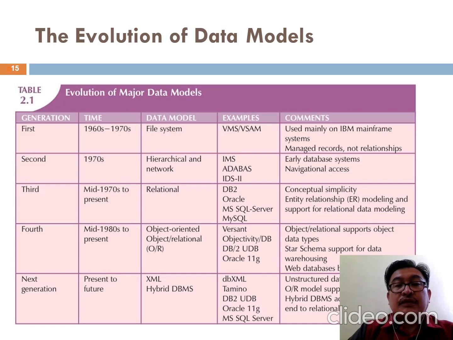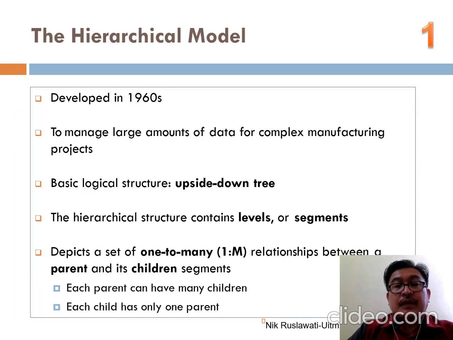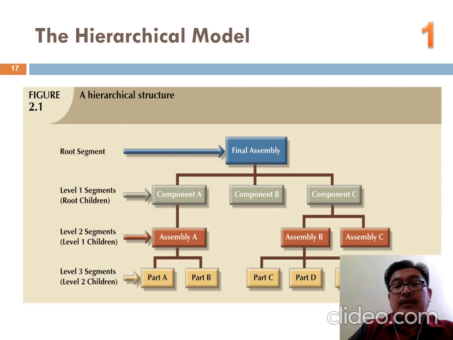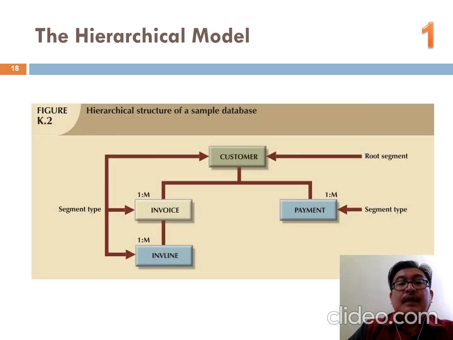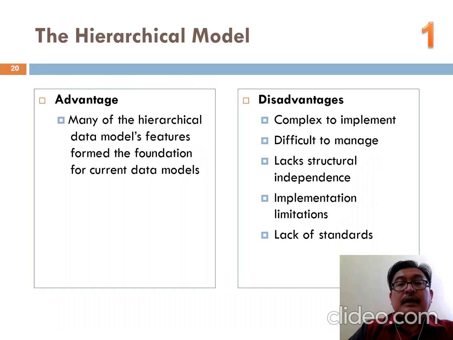Okay, evolution of data models. I will not spend too much time here. These are the history of how data models evolved, starting with the hierarchical model. I hope you read it in your own time. You can see the hierarchy.